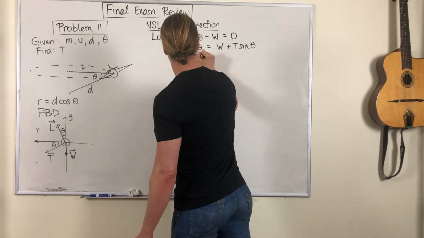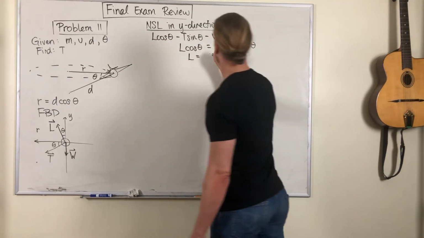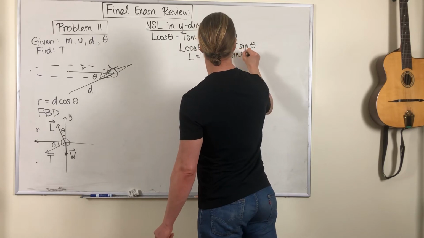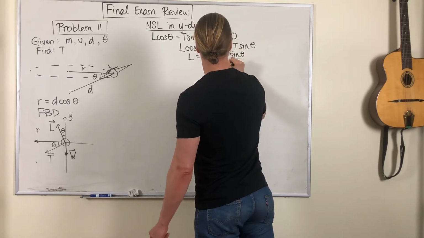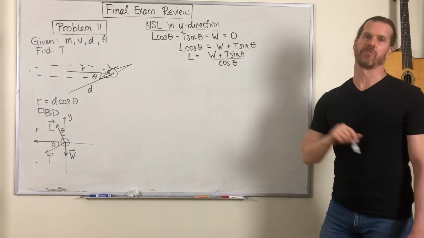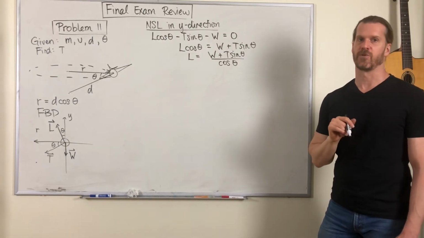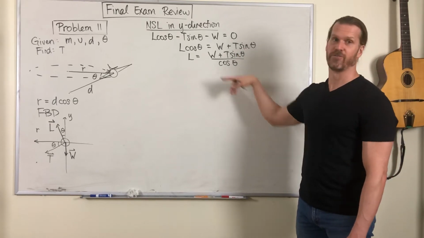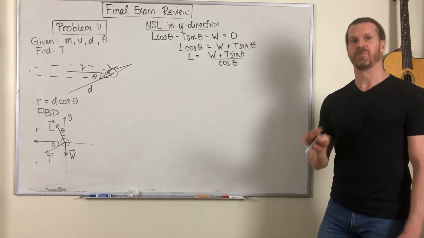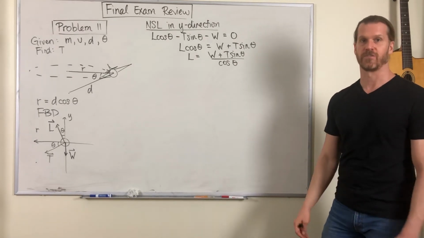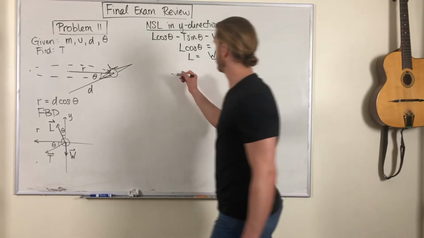And we might want to isolate L, in which case it looks like this. I wrote it that way so I can substitute for L into my next equation, because right now we have one equation with two unknowns, both L and T are unknown. But we'll look at the other direction and we'll have another equation so we can solve our system of equations.